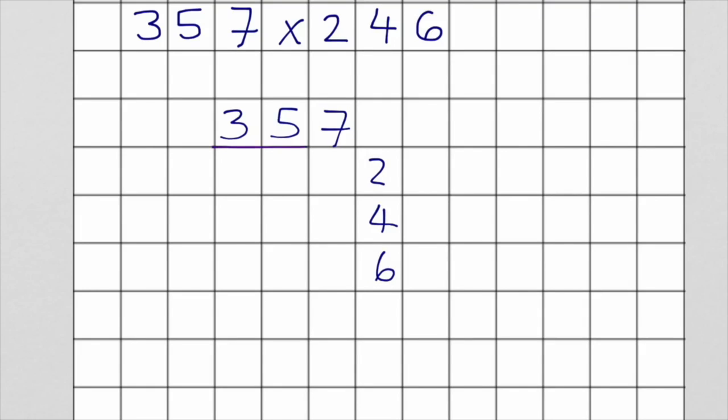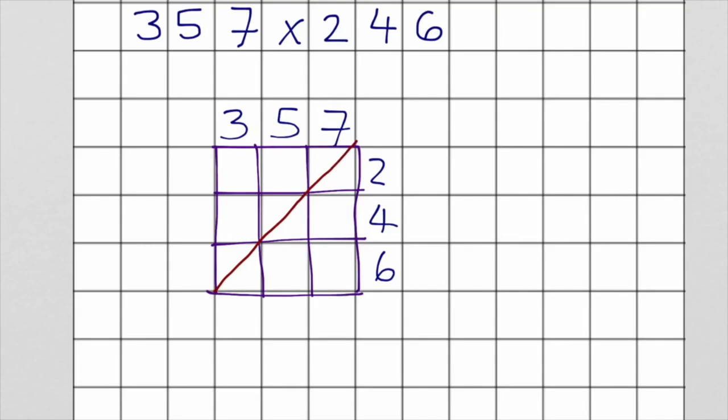Then I divide each digit into its own column and row, because we are only multiplying single digit numbers. Then I have to put in my, I'll do it in a different colour, my diagonals. Always best to use a ruler at home for this. Then I can start multiplying my single digit numbers.